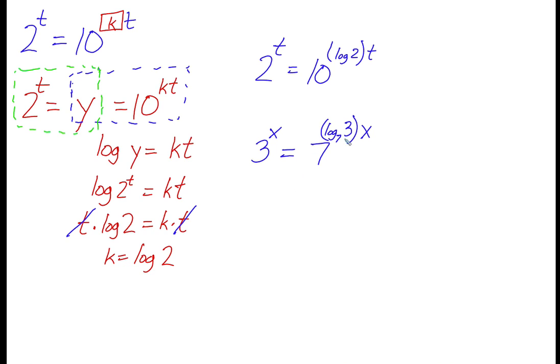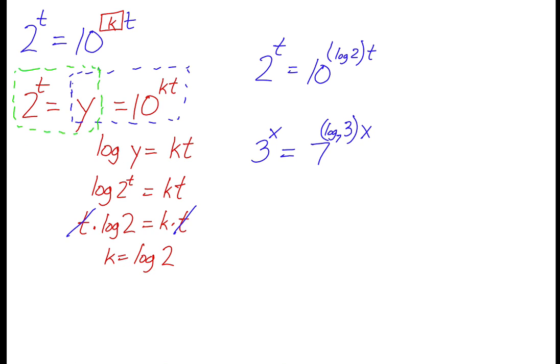If we took the log base 7 of 3 times x and made that the exponent on a 7, it would be the same as taking 3 to the x. In effect, what's happening is the 7 and that log base 7 are canceling out and leaving us with a 3. This 10 and this log base 10 are canceling out, and we're left with the 2 to the t, 3 to the x.